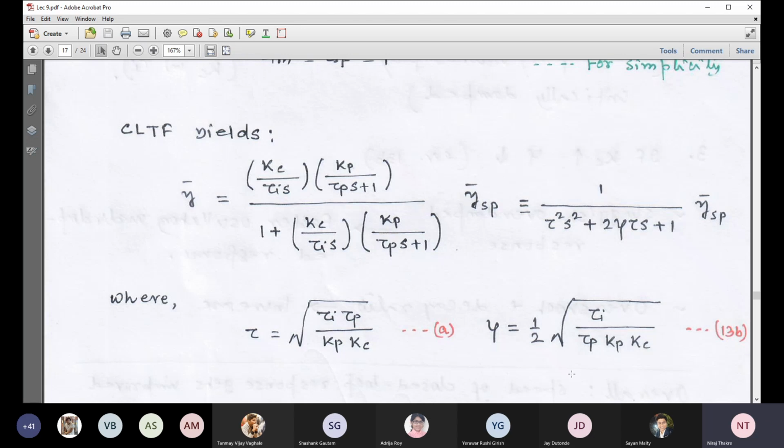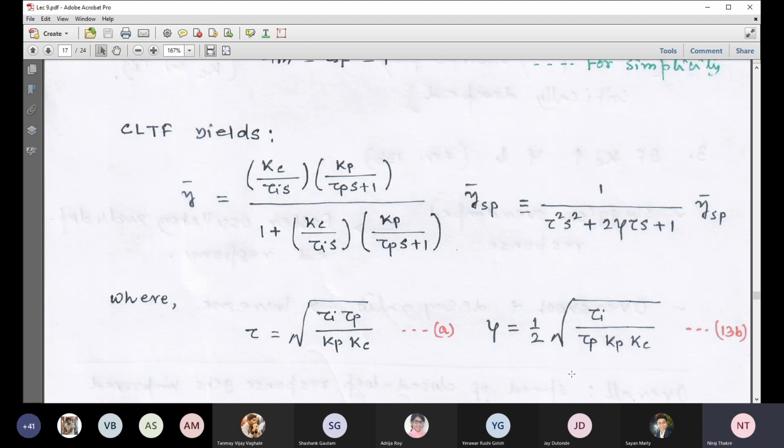So obviously order is increased by 1. Let us come to the remarks. Our first remark is, we have started with first order open loop process, and we have ended with second order closed loop process. So order is increased by 1.